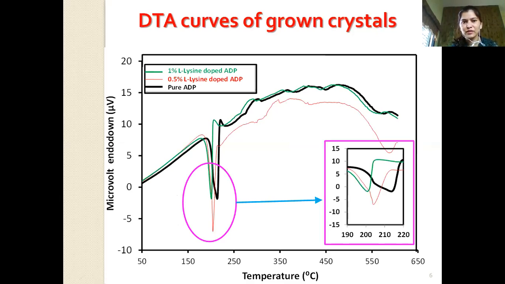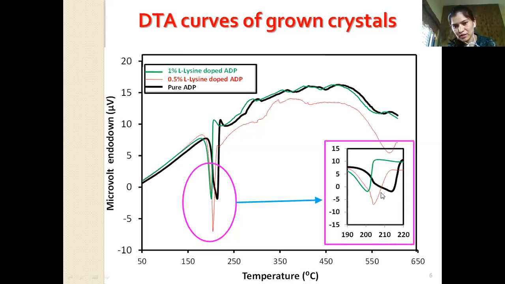Now examine the DTA curve. For all three grown crystals, this green curve is for 1% lysine, the red one is for 0.5%, and the black one is for pure ADP. A sharp endothermic peak is observed, which corresponds to melting of the crystal.